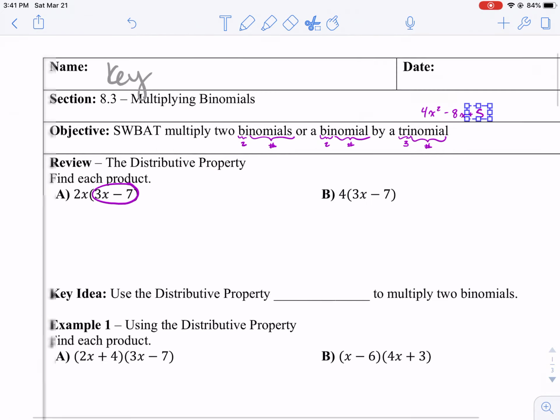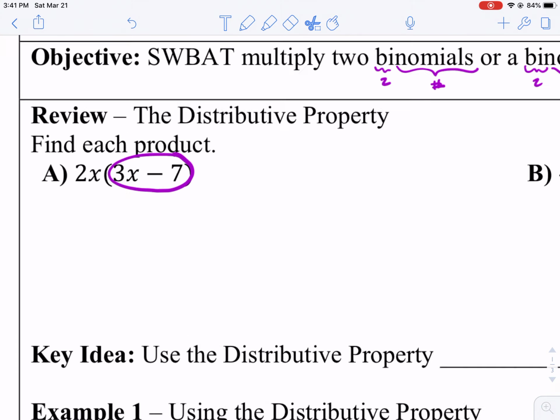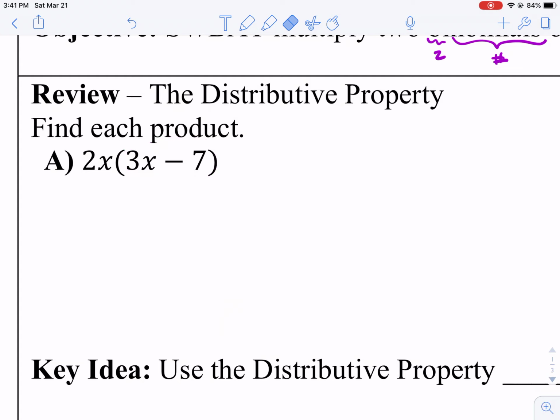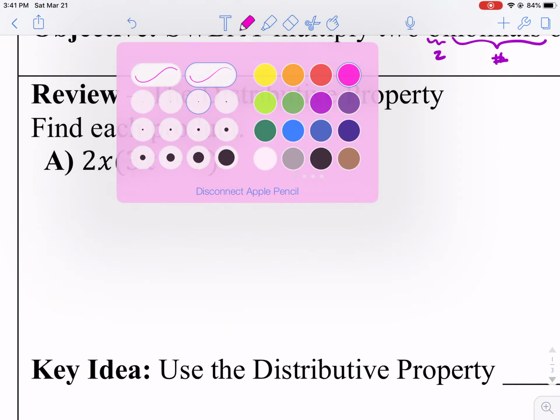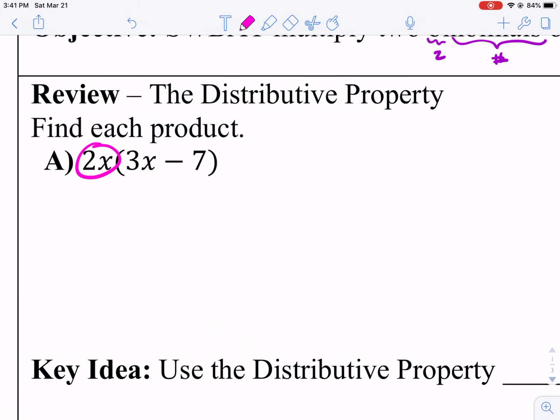It's a trinomial. Before we multiply, we're going to do a quick review of the distributive property. Now, how the distributive property works is if you start out with this guy multiplying into each of these two terms, you need to distribute him to both. So that's the same thing as 2x times 3x, but also 2x times negative 7.